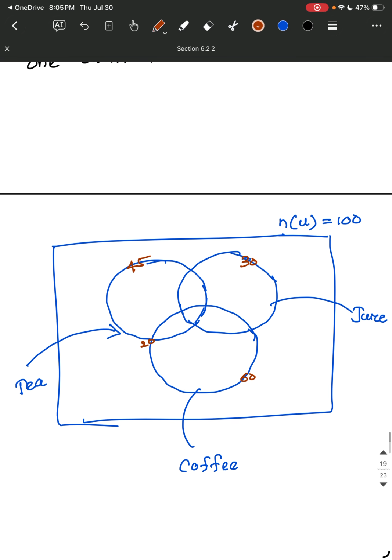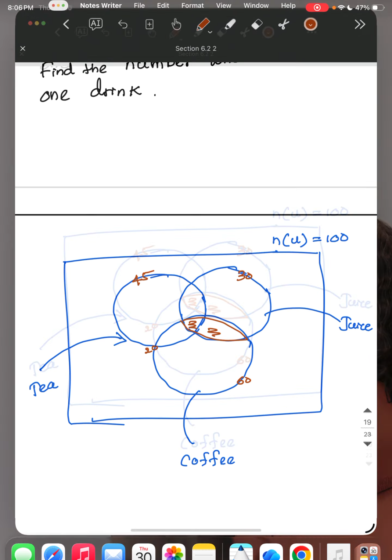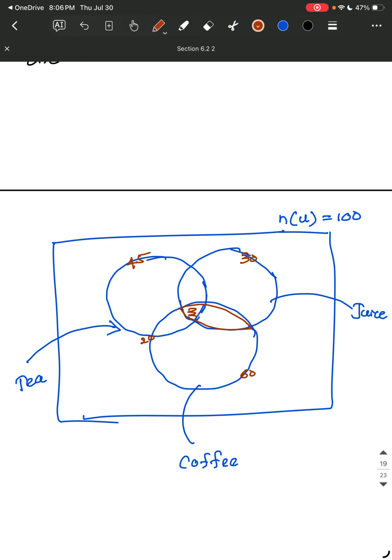That means this entire space, including this and this, equals 15. Okay, 10 like tea and juice. That is, this entire space, including this and this, equals 10.